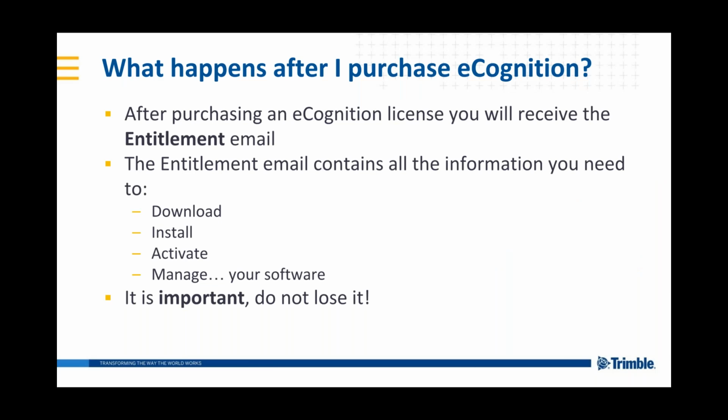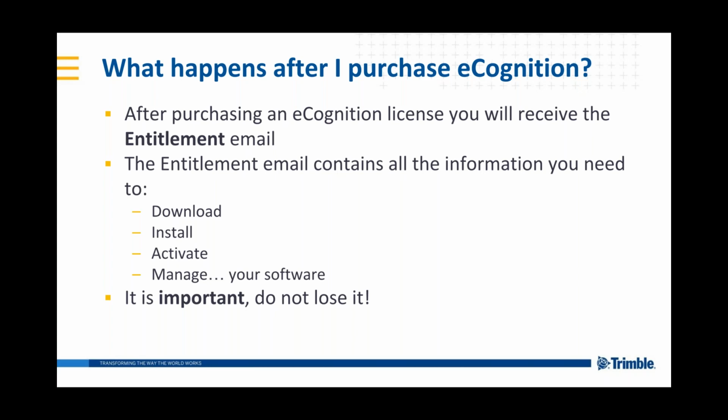So after you make that purchase, your order is processed, and the entitlement email is sent to you, either directly, or maybe it comes over your channel partner, whoever's managing that connection with you. The entitlement email contains all the information you'll need to download the software, to install the software, to activate your license, and of course, to manage your software.